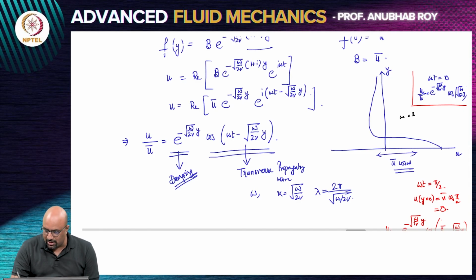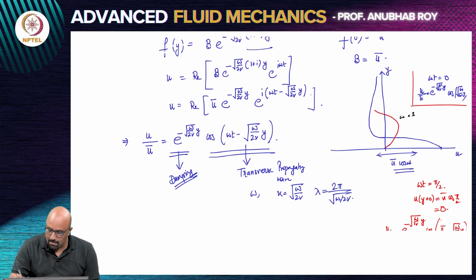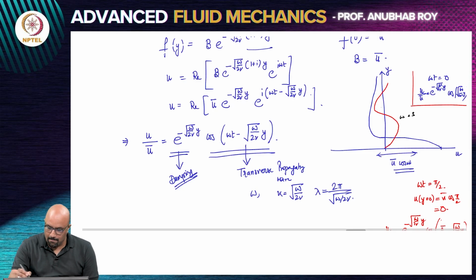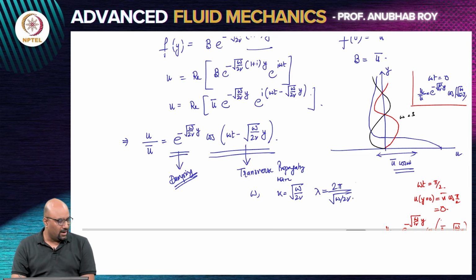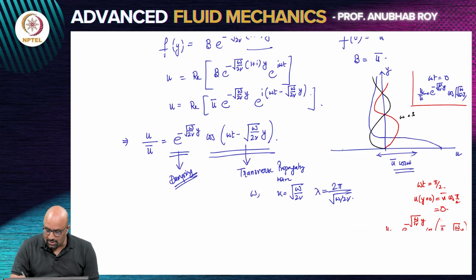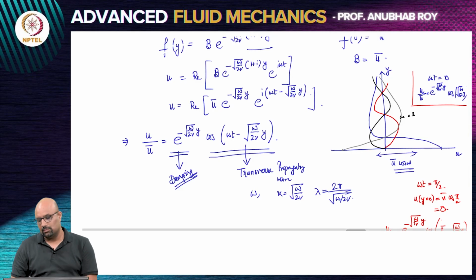So let me just draw it in the first few halves. And then finally, when you have omega t equal to 2 pi, the plate velocity will be minus u bar. It will look like this.